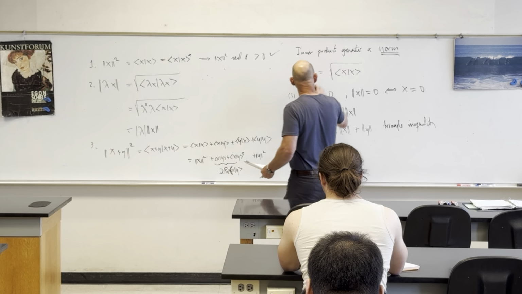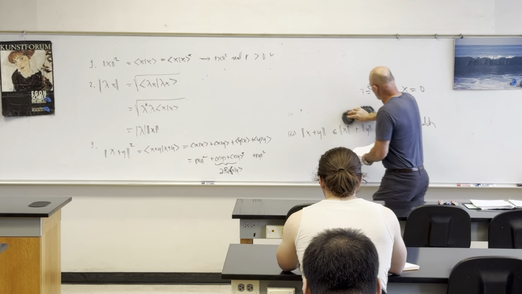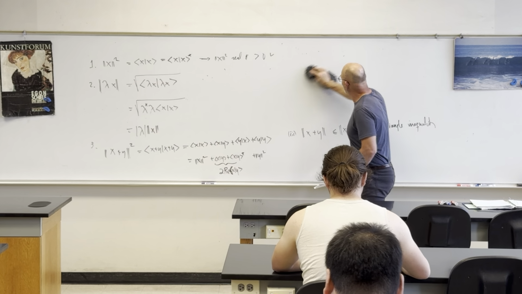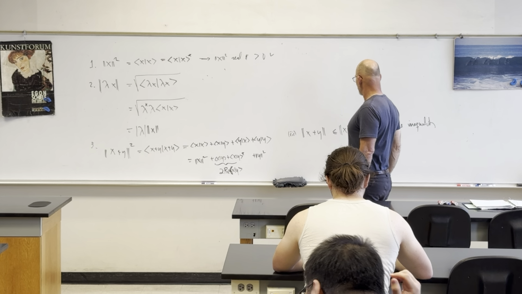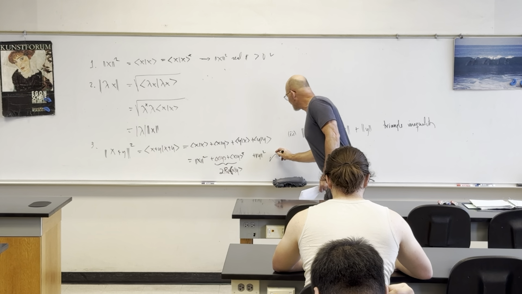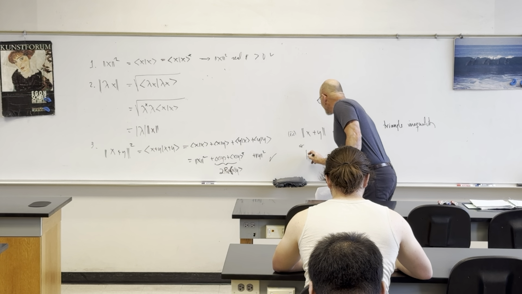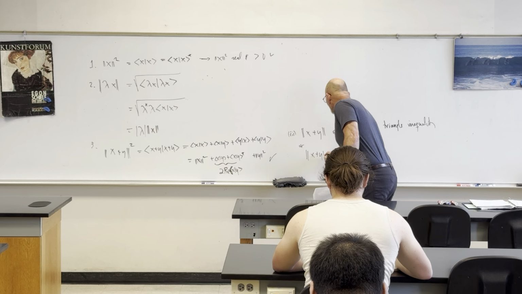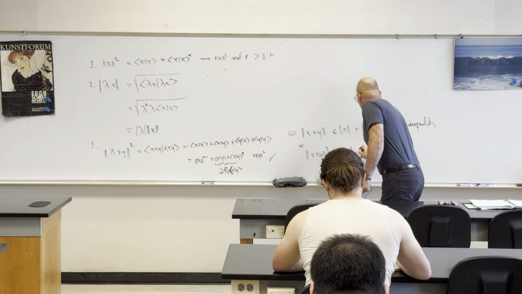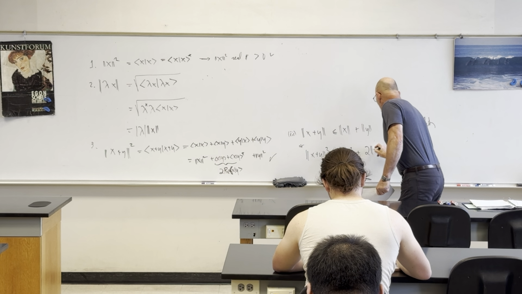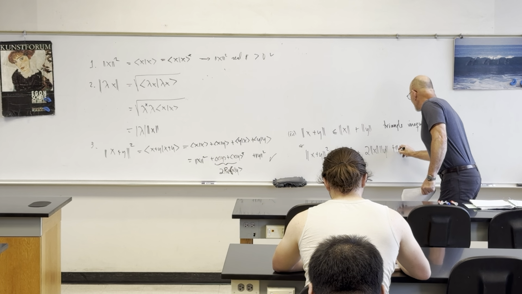Okay, so far so good. I erase the top lines over here. This is the one we're trying to prove, the triangle inequality. Okay, so let's hold on to this for the moment. Actually, this one, I could say norm x plus y squared is less than or equal to norm x squared plus 2 norm x times norm y plus norm y squared.